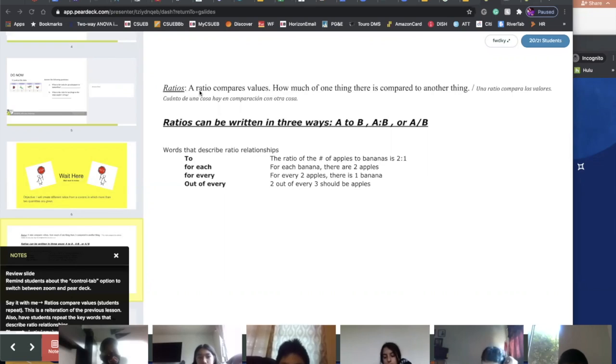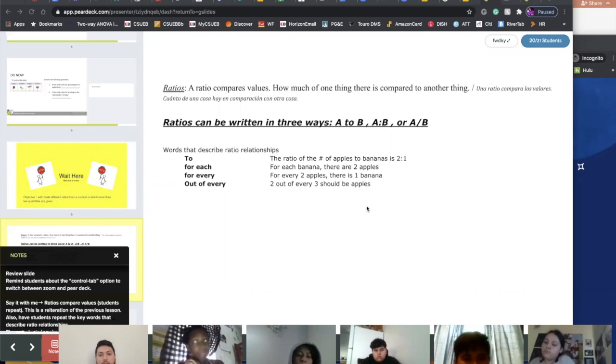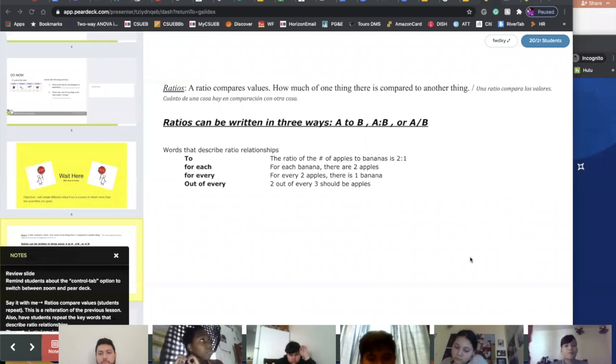So ratios can be written in 3 ways. We discussed this already. Omar, I'm going to call you to see if you remember. What's the second way it's called? This one right here. How is it written? Omar, you with me? What's the name of this symbol?